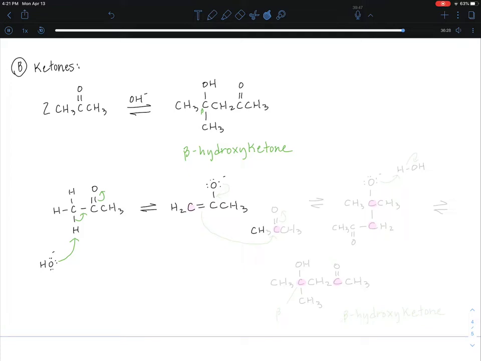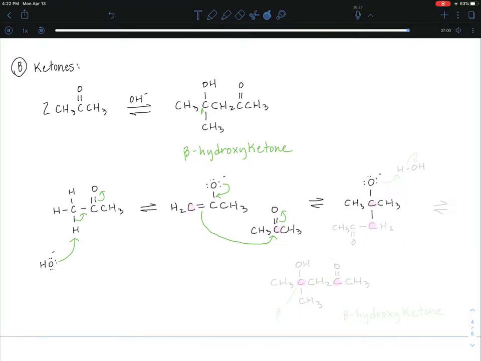And it's going to attack another ketone, so another acetone. So CH3. So these are going to come down. And now that thing is one heck of a nucleophile. We'll attack that. And what we get is what? So we can draw this out like this was the thing that was just attacked.